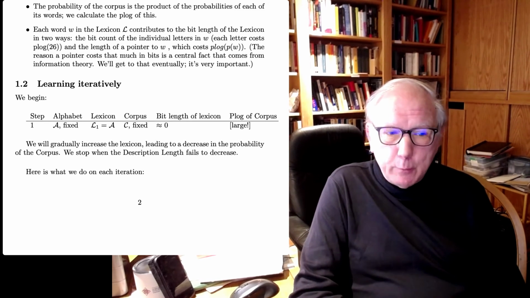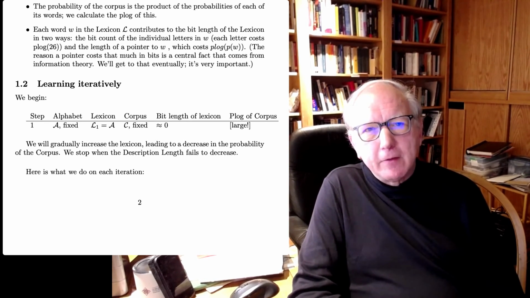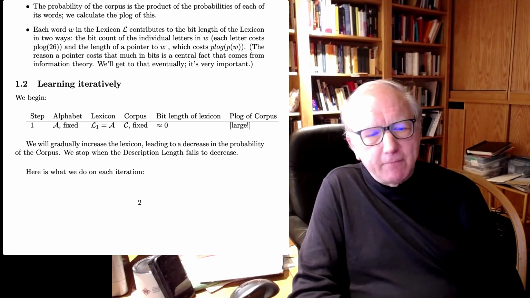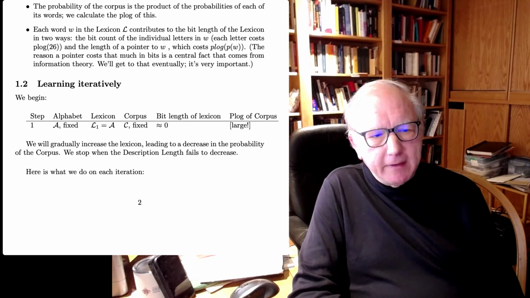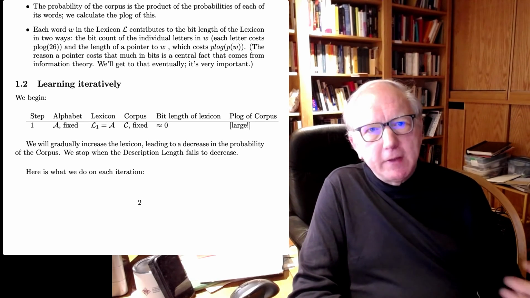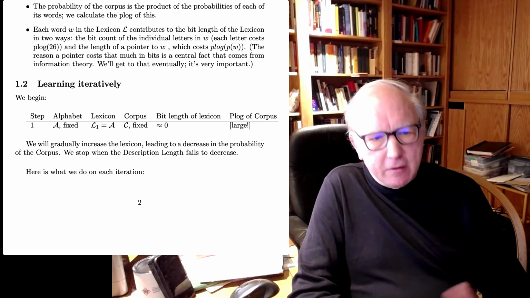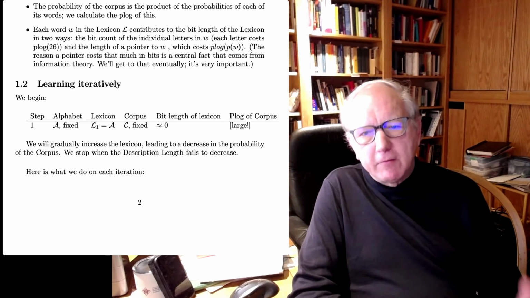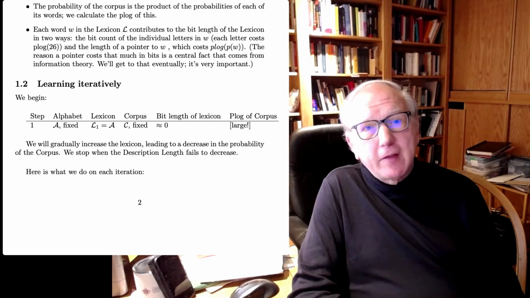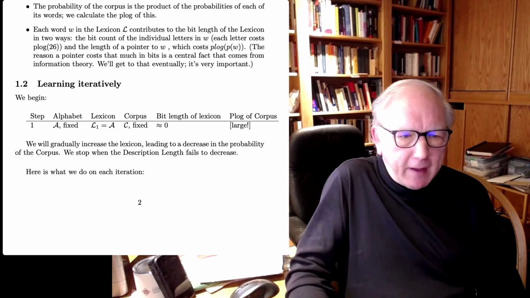So the description length of this corpus is a little bit less than 5 million. We're going to go through a process iteratively, and as we do it, the description length is going to decrease because the plog of the corpus is going to get smaller. It'll decrease, decrease, decrease until eventually it stops decreasing, and then we'll stop.